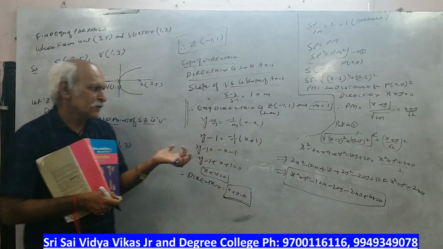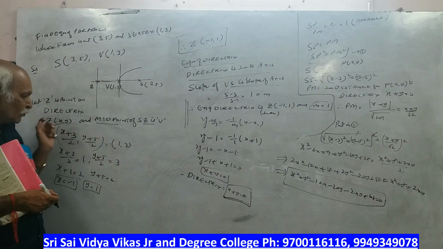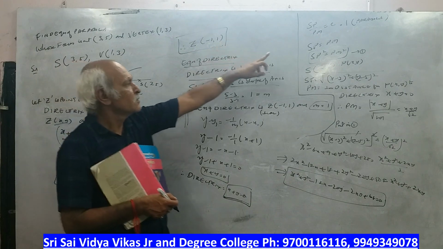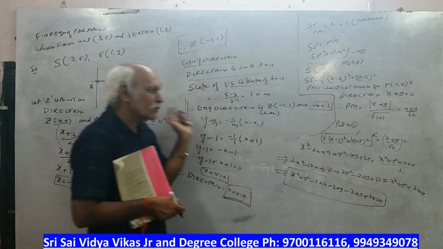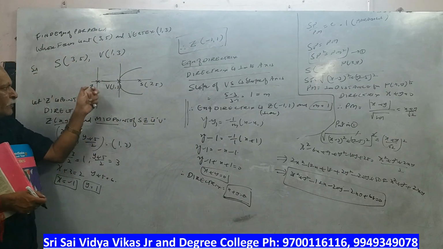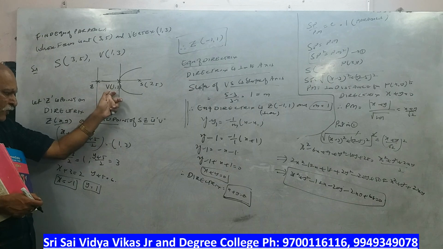What is the importance of this problem? In the first problem we directly used SP by PM, and we got all the values directly, but here we have to find them. So what is the method here? Assume Z is a point and the midpoint of SZ is the vertex.